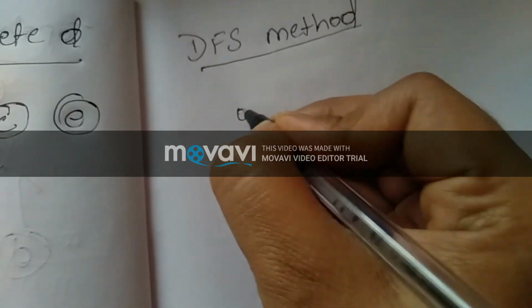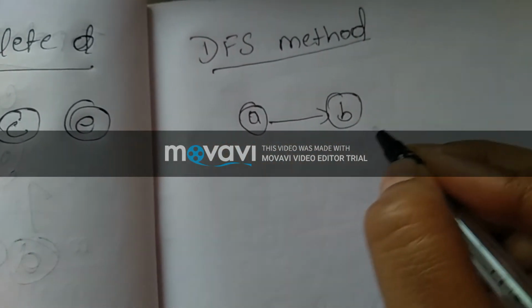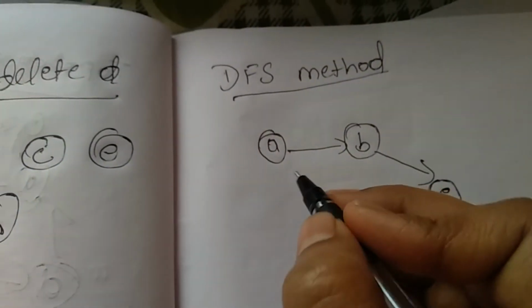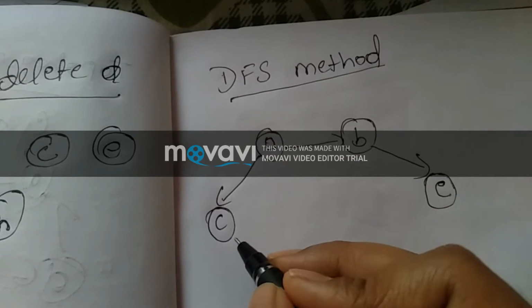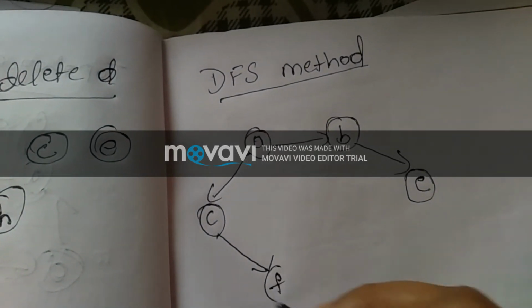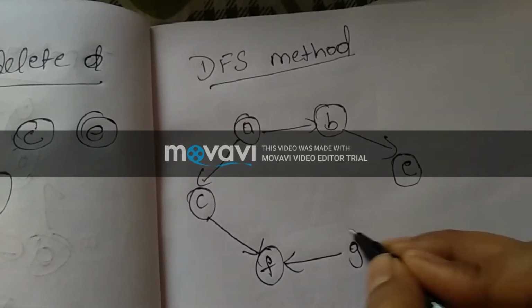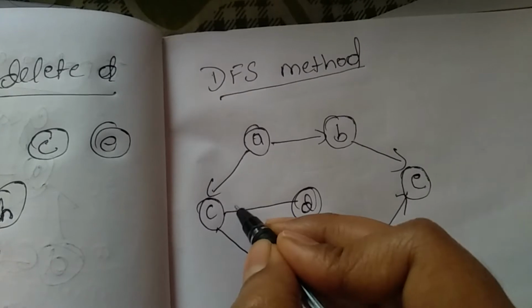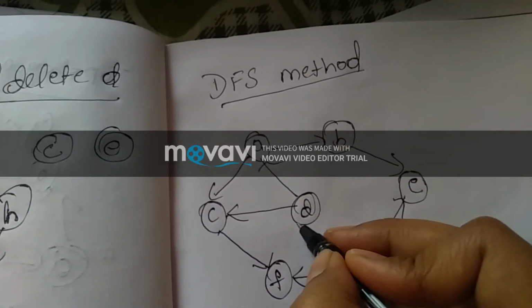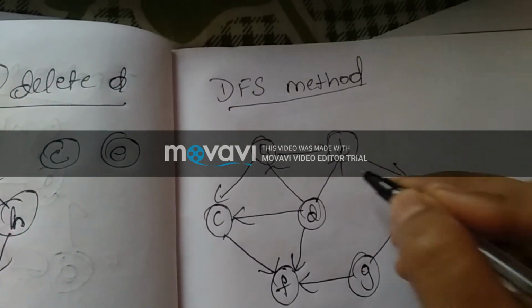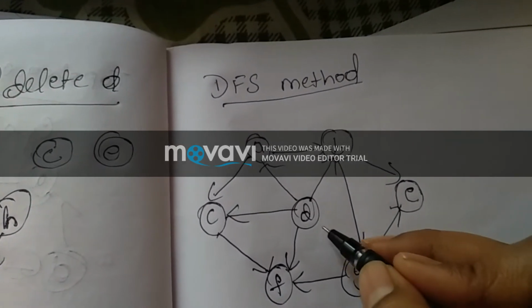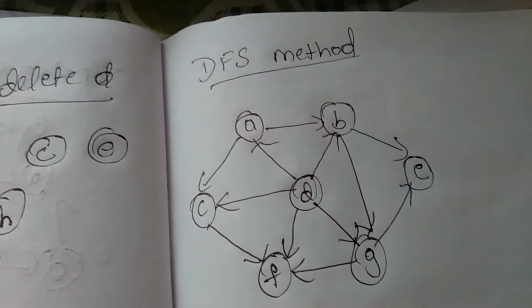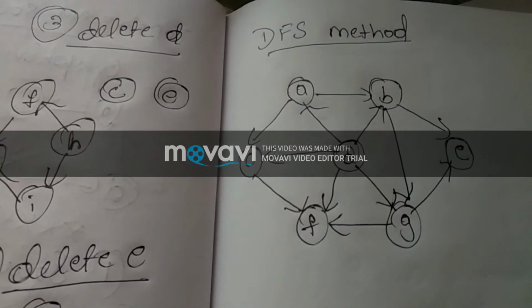I'll just take the graph. Yes, this is the graph we have for your DFS method.